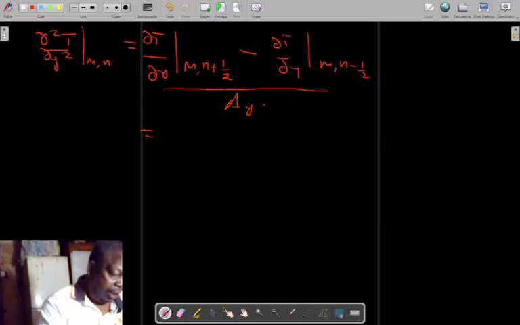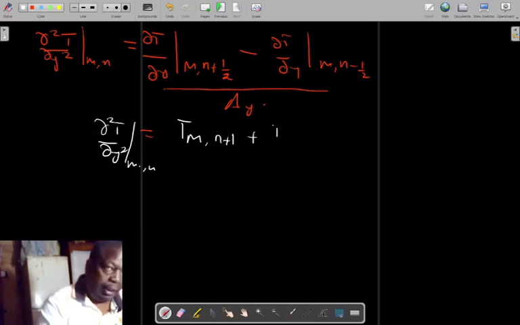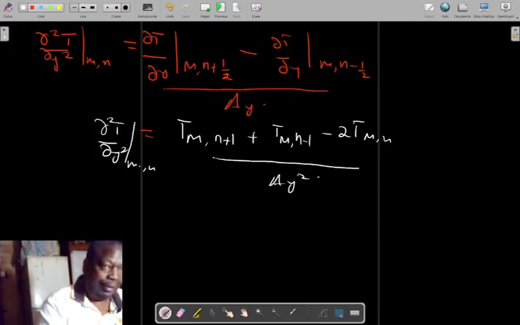And you can use the same analysis to get our equation as T(m, n+1) plus T(m, n-1) minus 2T(m, n), divided by delta y squared.